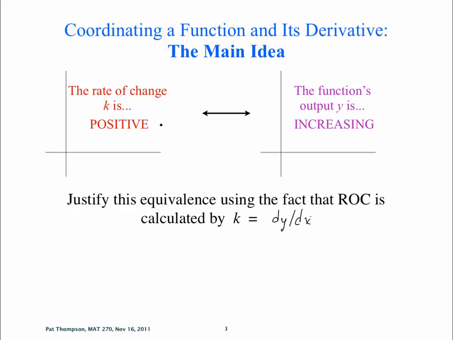Take a minute, see if you can come up with it. It's like a 3-step proof. If the output is increasing and you know that k equals dy dx, why does k have to be positive? Talk it through with the person next to you.